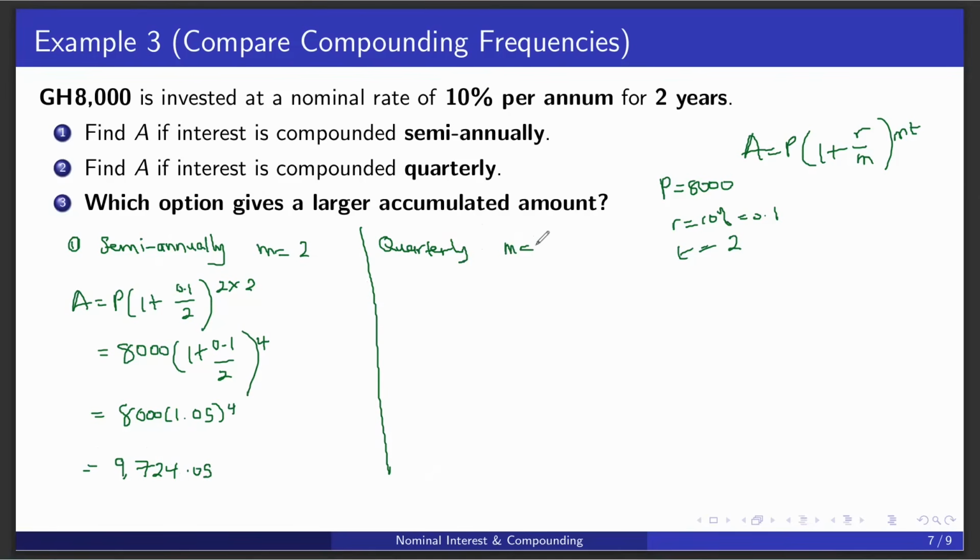Where M is equal to 4. We have A equals 8,000 times 1 plus 0.1 over 2 to the power 4 times 2. And this gives 8,000 times 1.05 to the power 8.